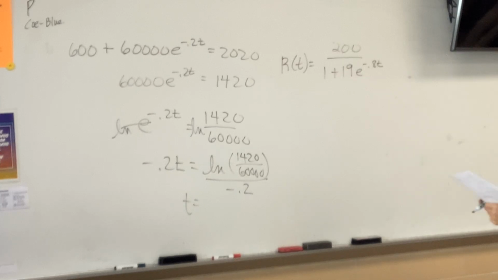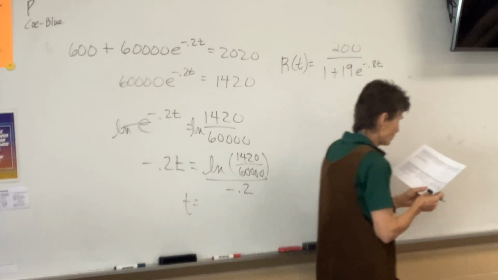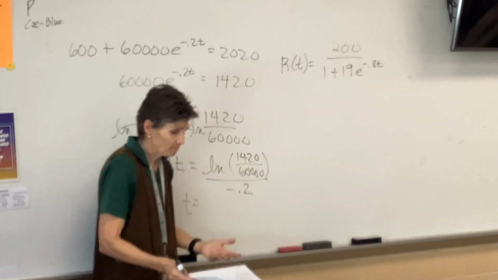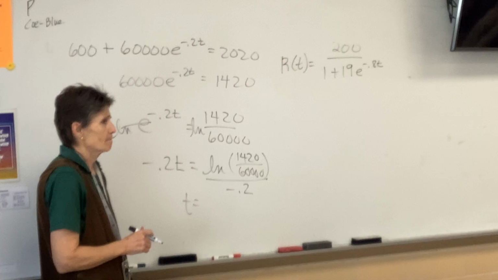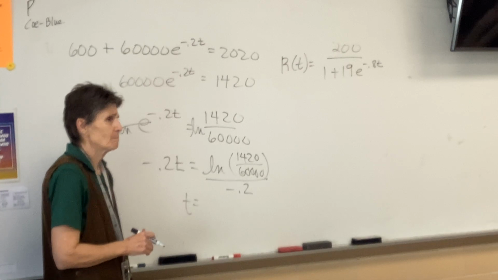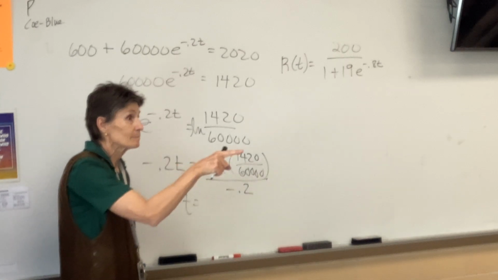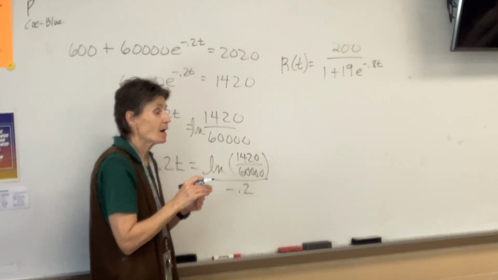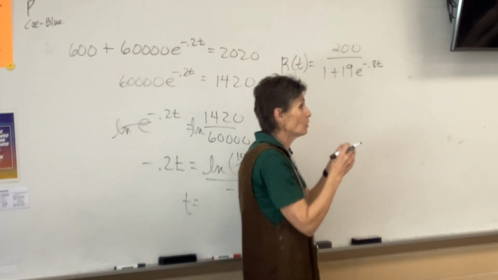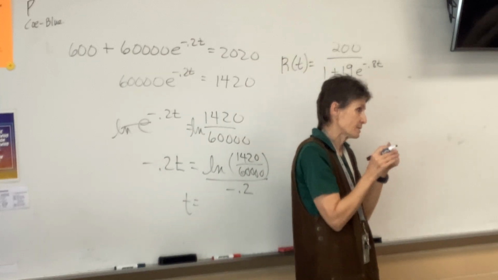All right, Sam says there were 19 students who initially knew the rumor. Is Sam basically correct? Leo, what's your thought? Because if you put 0 in for t, then you get 10. Exactly. You guys, the initial value is the y-intercept.